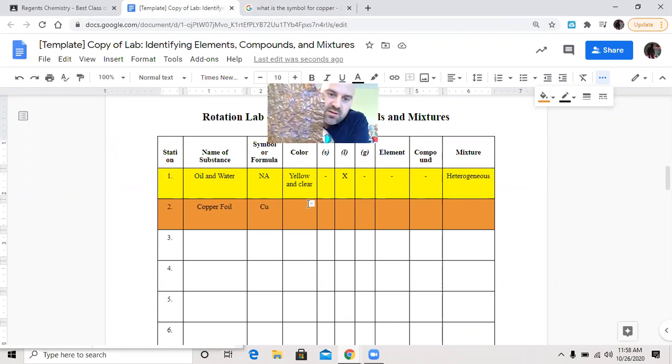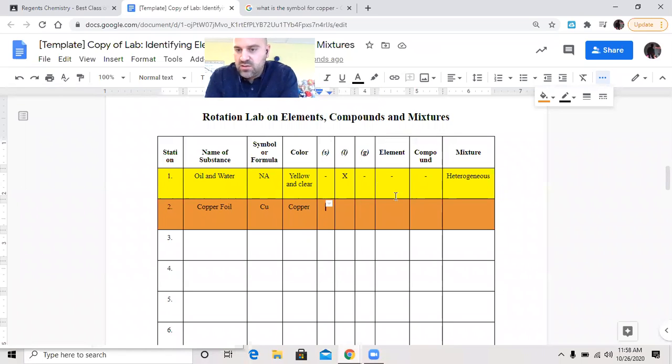There's copper again. Color, I'm going to call it copper. Copper color. Solid, liquid, or gas for copper? Anybody? You could unmute yourself, or you could just put it in the chat, thank you. It really threw me off last class when people asked how do you know if it's a solid, liquid, or gas?